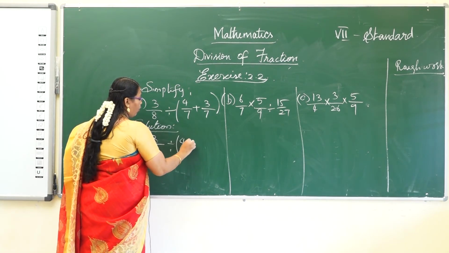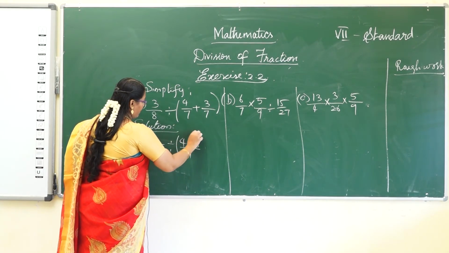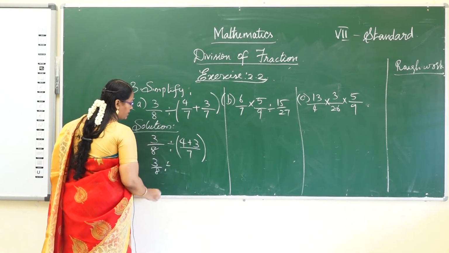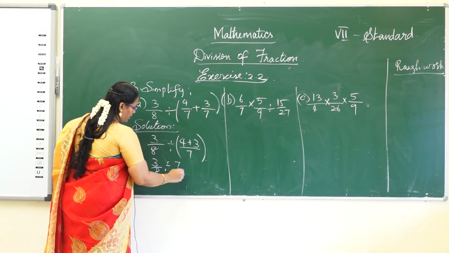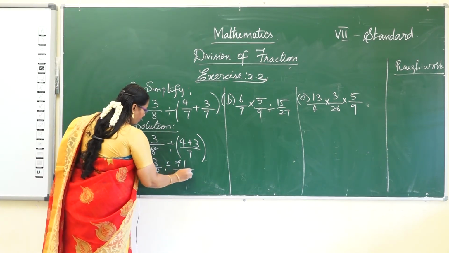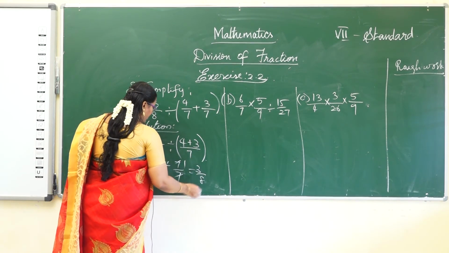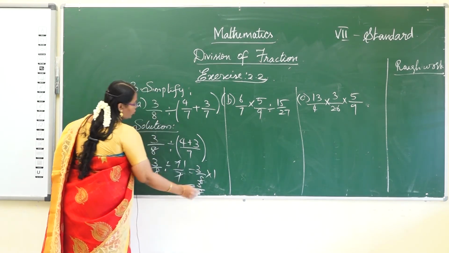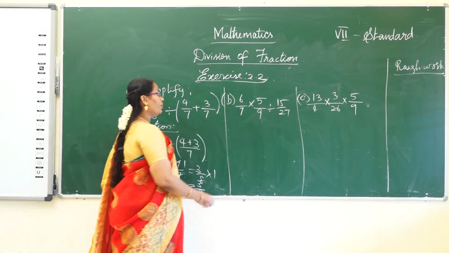What is the value? 4 plus 3 by 7, which is 7 by 7, and we get the value 1. So 3 by 8 divided by 1, we get the answer 3 by 8. That's all.